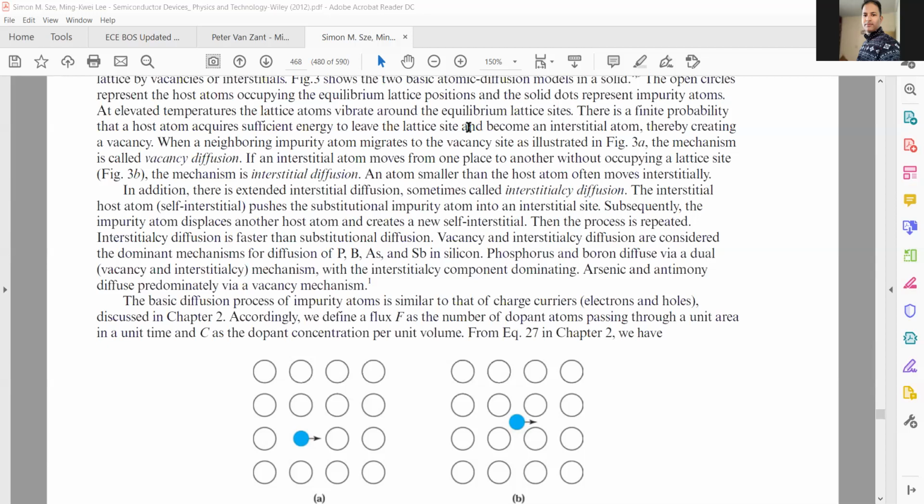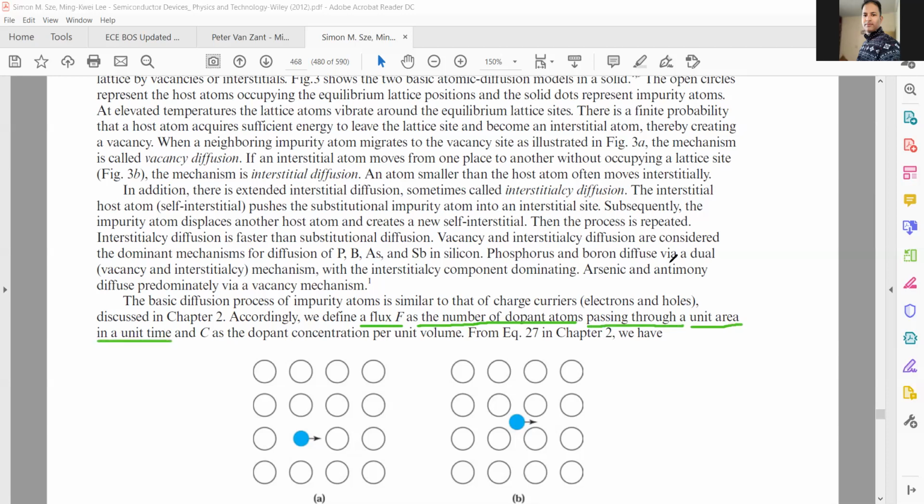Okay. So, for mathematically modeling the phenomenon of diffusion of dopants, first we should know that we have a quantity called flux, F. Okay, so this F, the flux of dopants, is defined as the number of dopant atoms passing through a unit area in a unit time.